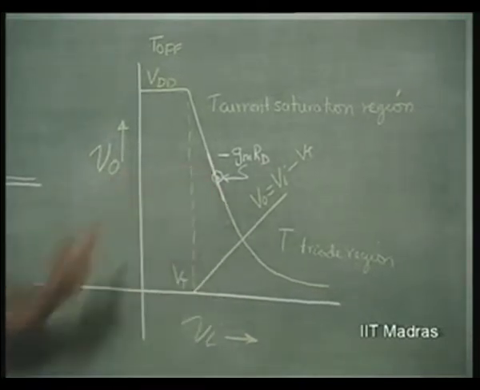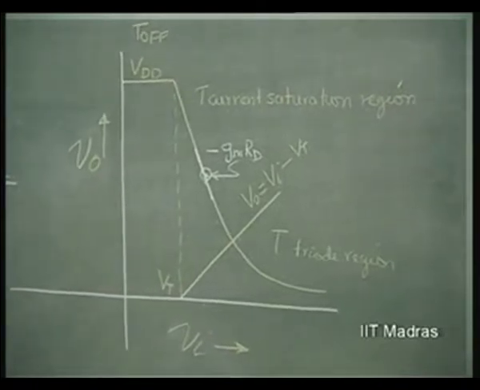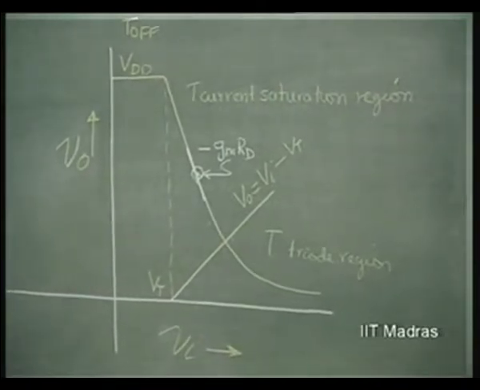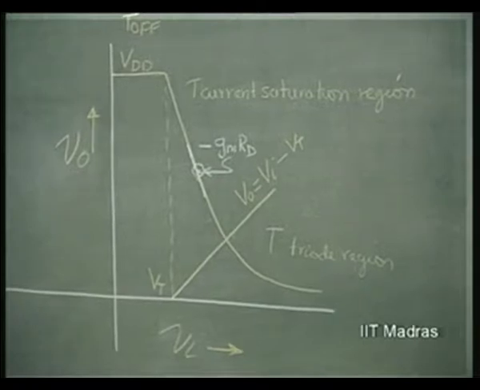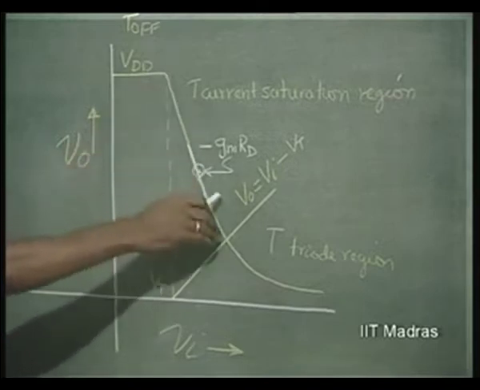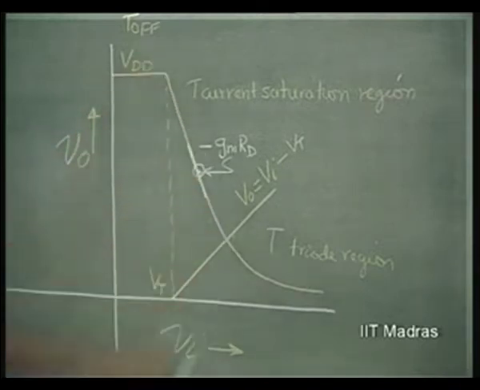So that slope corresponds to Gm into Rd, it is negative, indicating inversion. That is the small signal gain of the amplifier. This is the common source amplifier, and this Gm keeps changing as you go further and further.